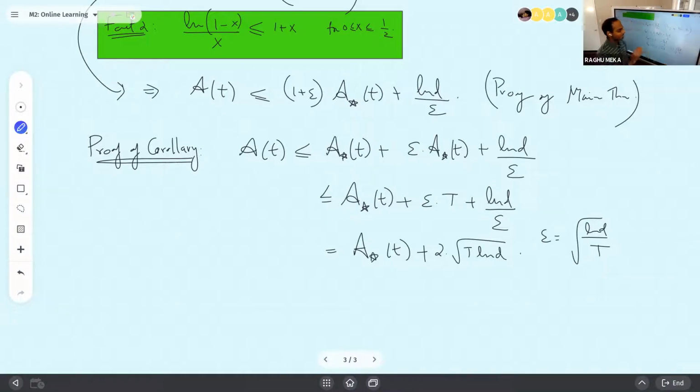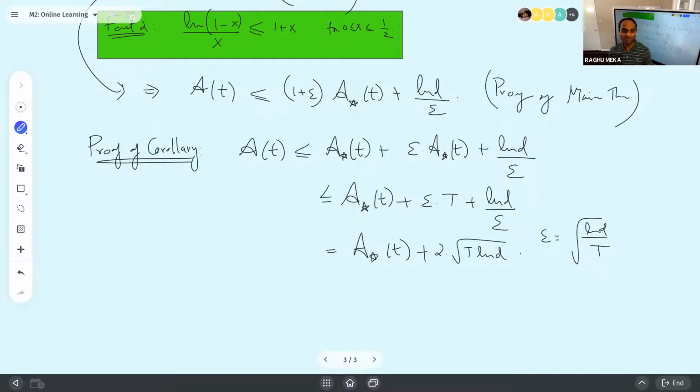This balancing is similar in spirit to what we did in the analysis of stochastic gradient descent. You should think of epsilon as some kind of step size, how much you're changing the weight. It's not just a theoretical connection. You can view multiplicative weights update as some variant of gradient descent in some weird space.